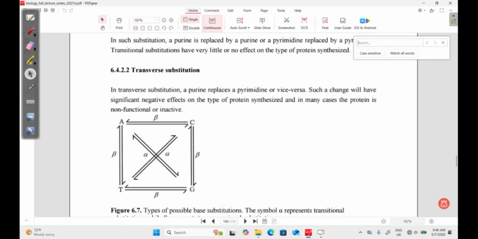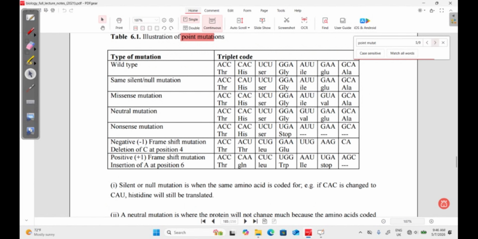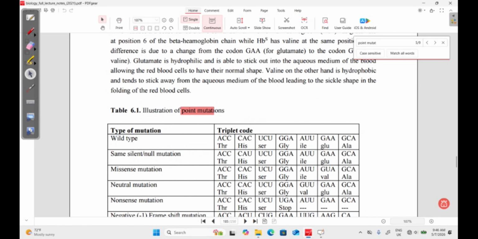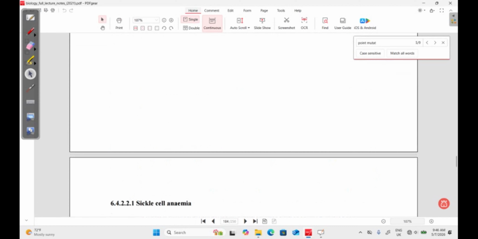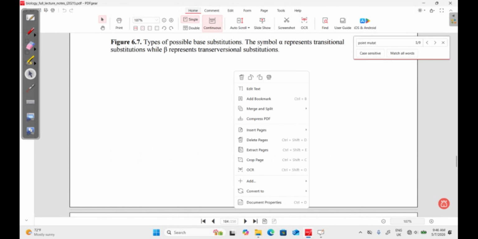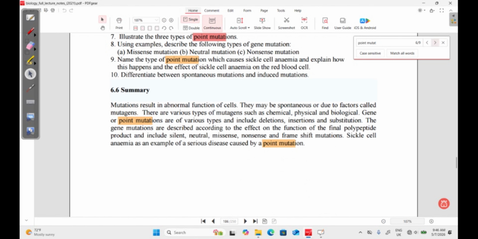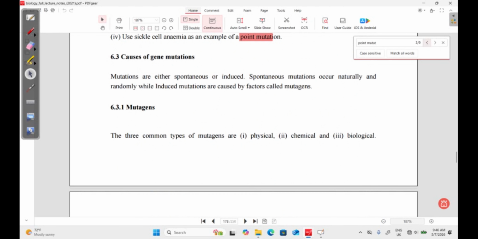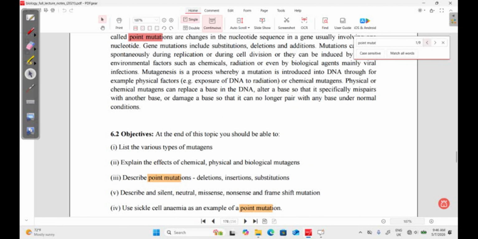So in point mutation, what you have is a mutation happening on a particular genetic sequence, such as, so we've been given examples here. Let me just take you to the exact notes. All right, point mutations.